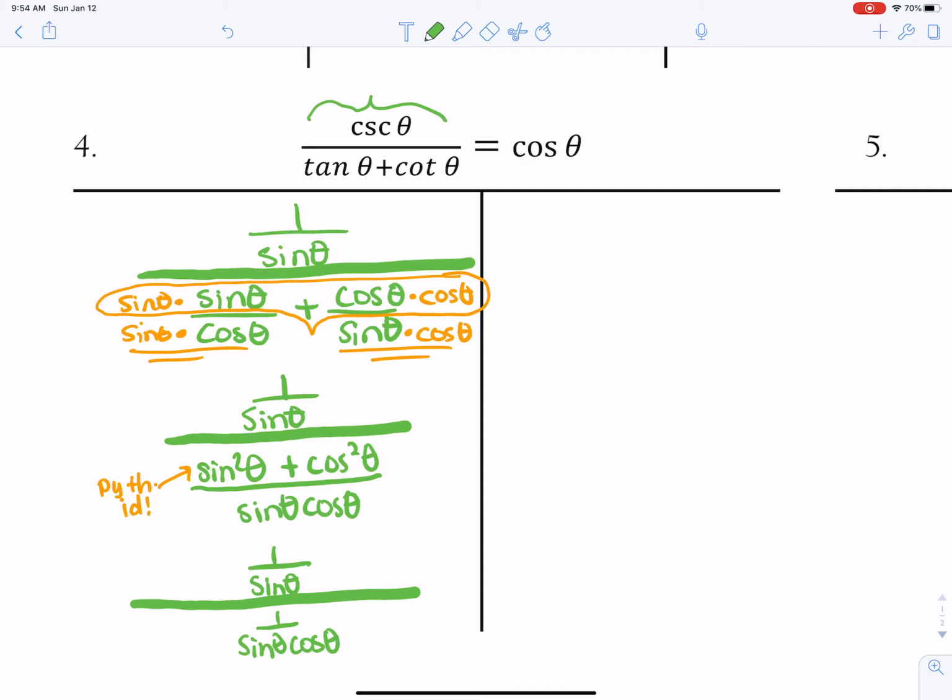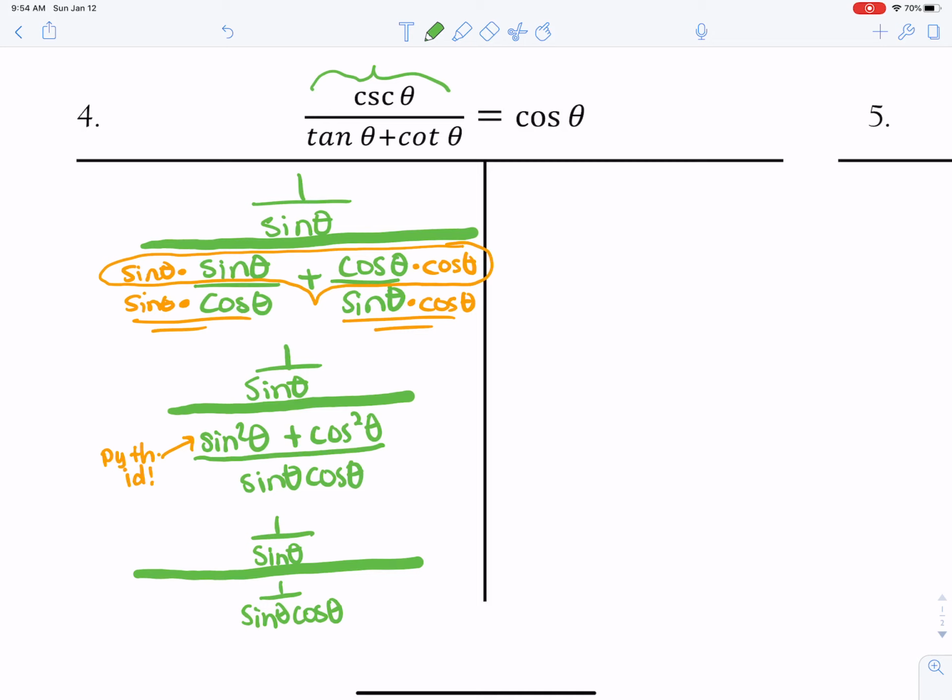All right. Let's see, what can we do now? We might have to keep, change, flip. So when I solve these, to save on space, I know I'm going to multiply this up, and therefore that's going to change to multiply, and that means I'm going to flip sine theta cosine theta, and the whole denominator is now gone because I'm changing the times, and I'm flipping.